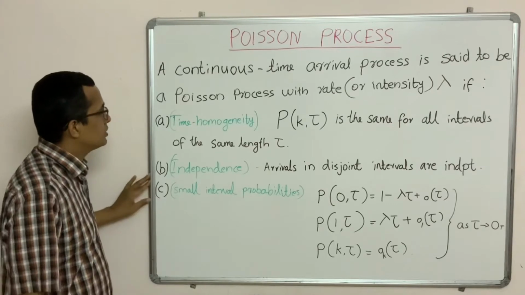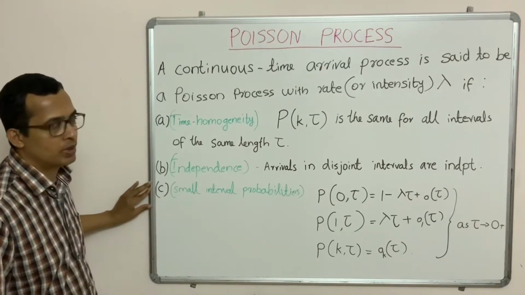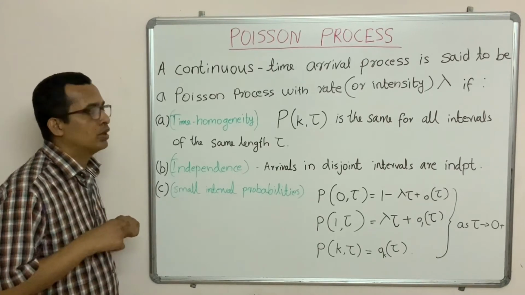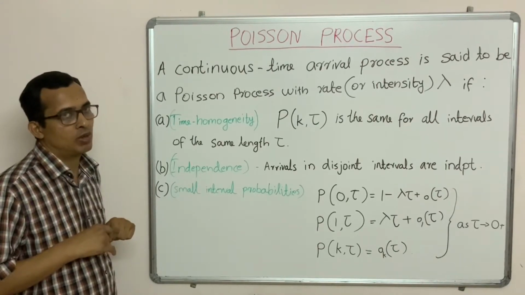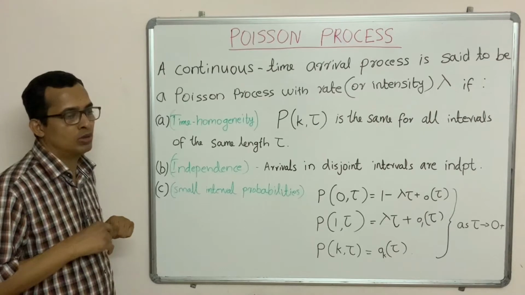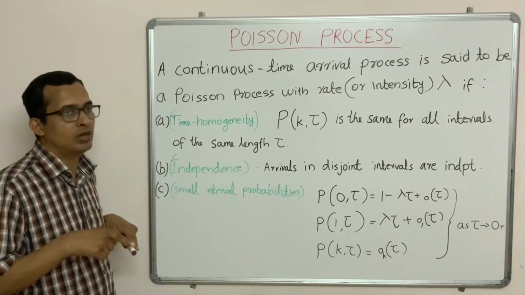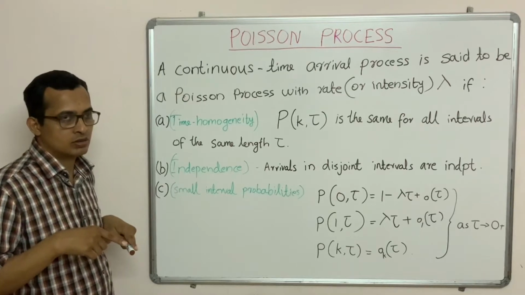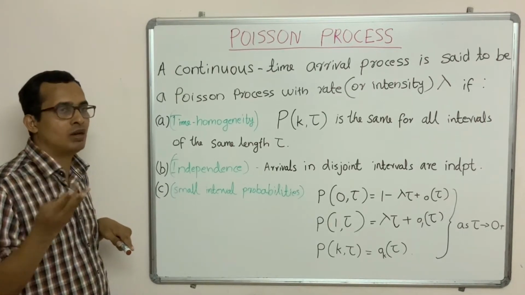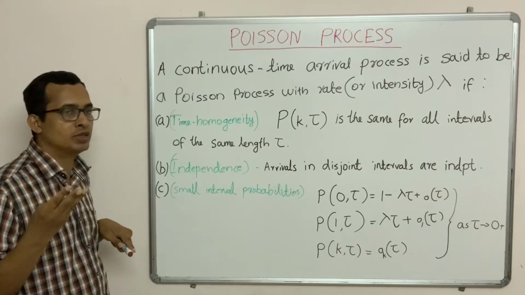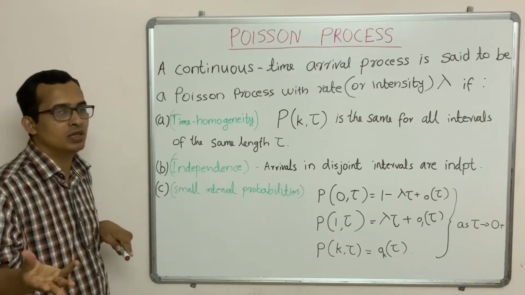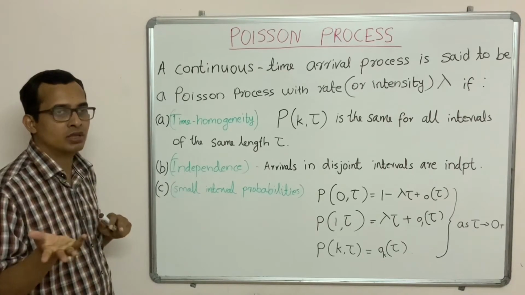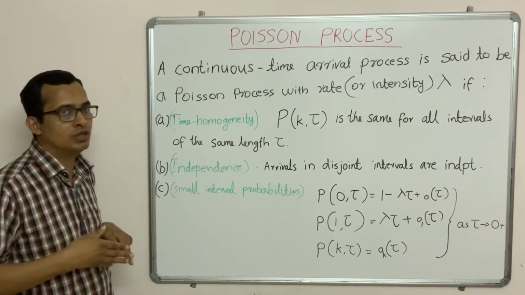Now the second property is the independence property. It says that arrivals in disjoint time intervals are probabilistically independent. If you know that this many arrivals have happened in this interval, we will not have any say about the probability of how many arrivals will happen in future time intervals, or even past ones, that are disjoint.